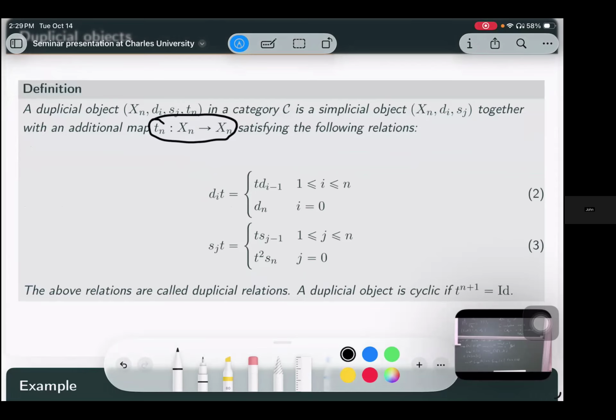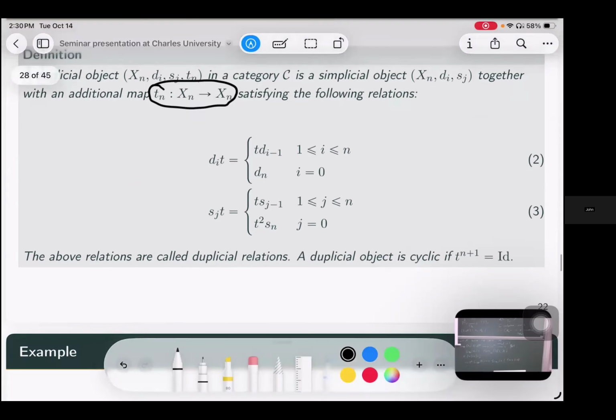If I have d_i t, this should be the same as t d_{i-1} for i between 1 and n inclusive, and then d_0 t should be equal to d_n. And then s_j t should be the same as t s_{j-1} for j between 1 and n inclusive, and s_0 t must be the same as t squared s_n.